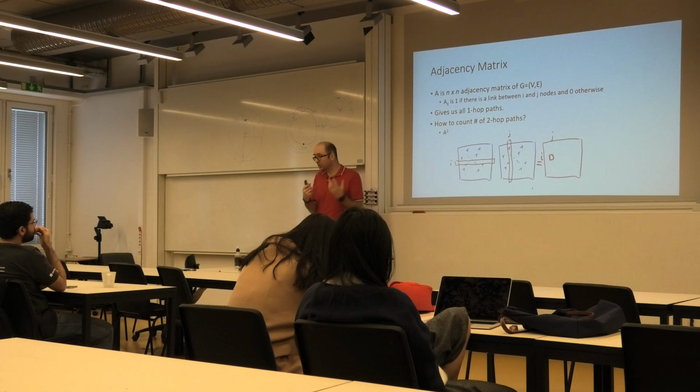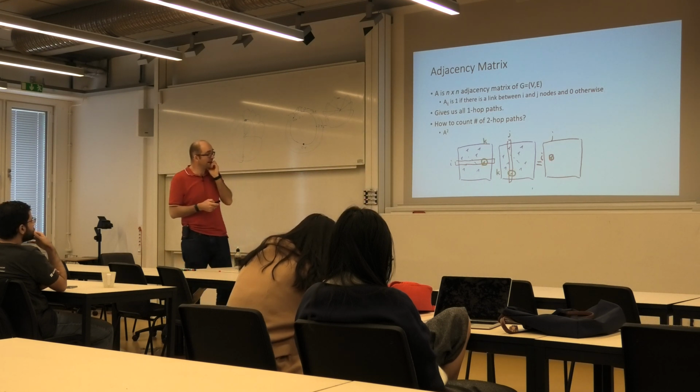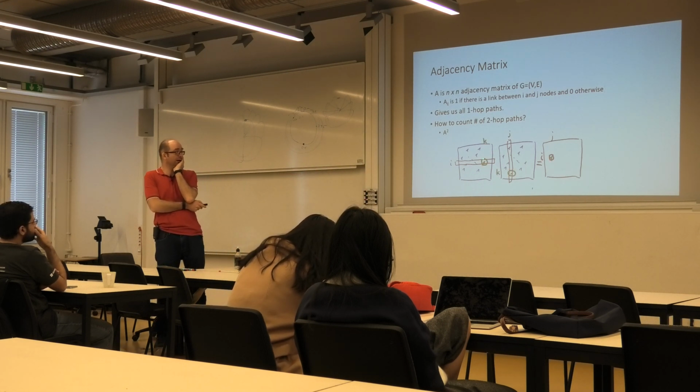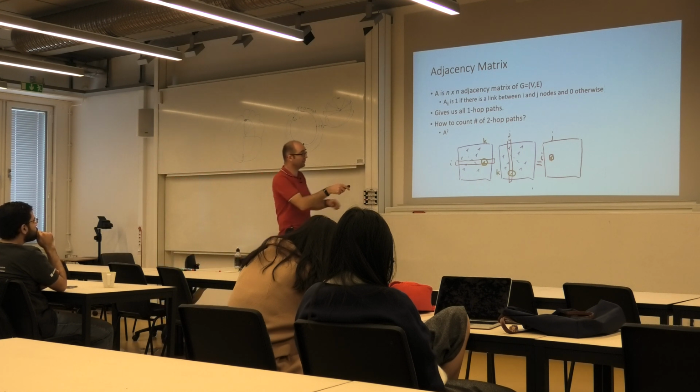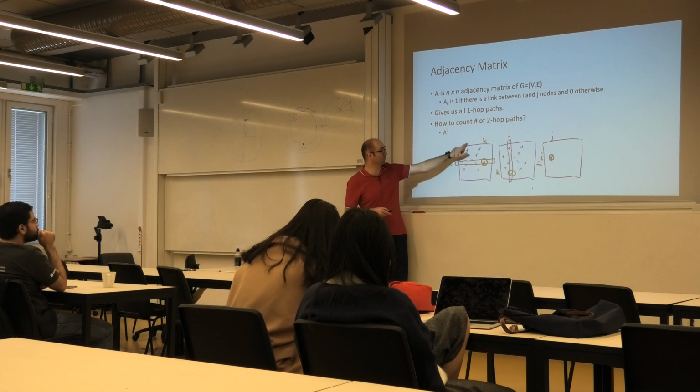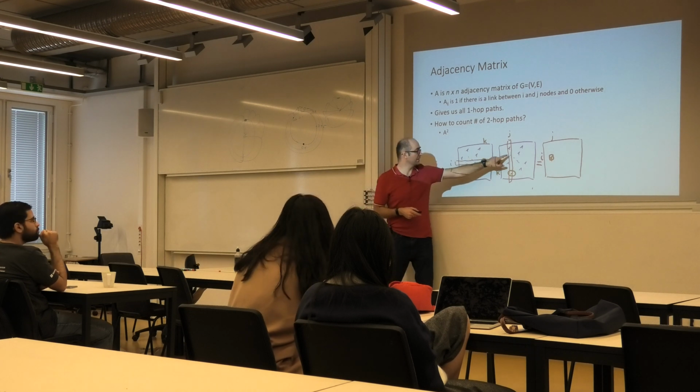But if it is not 0, what does that mean? That means there was at least somewhere, in some position k, a 1 in this row, from i to k in cell ik, and also there was a 1 from k to j, in order to get a 1 here, right? And if there is a 2 here, that means there was some other place k2, here and here, that also had 1s.